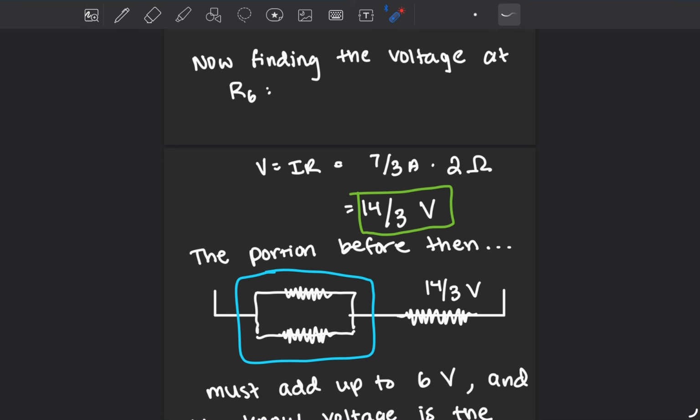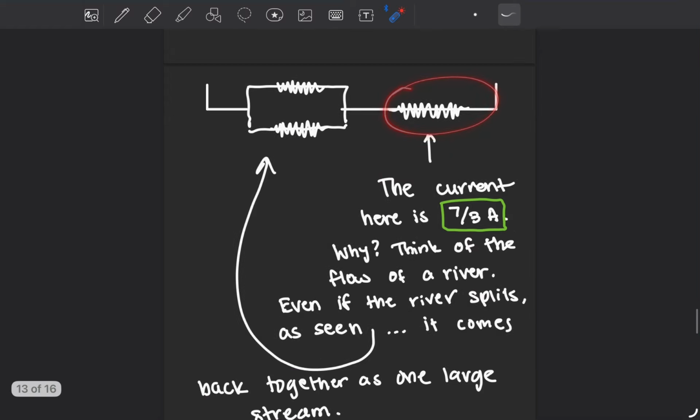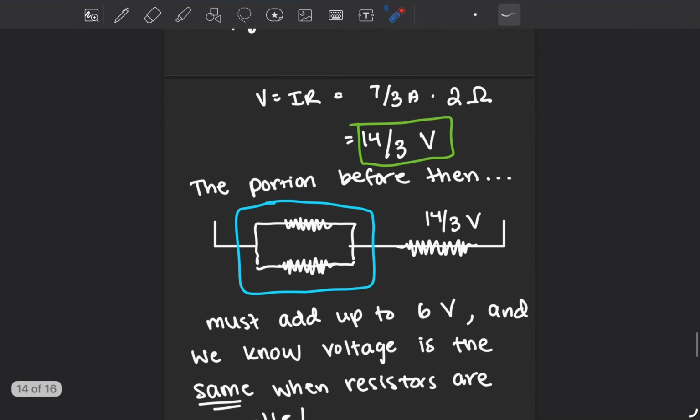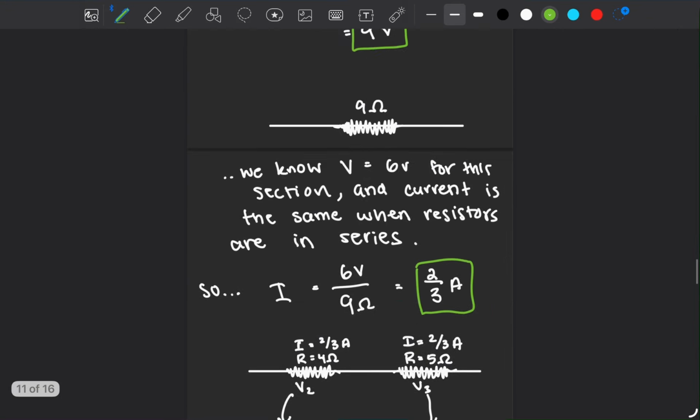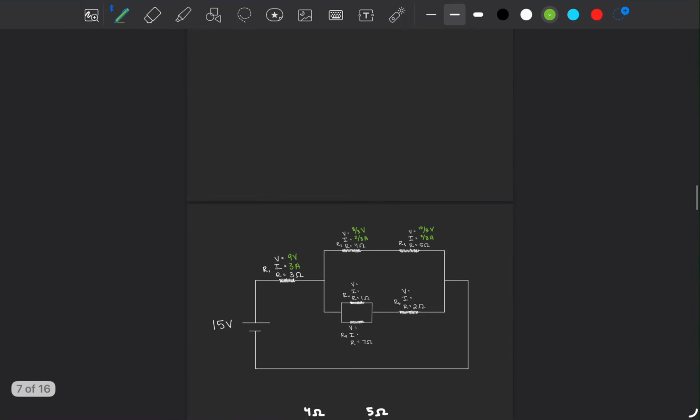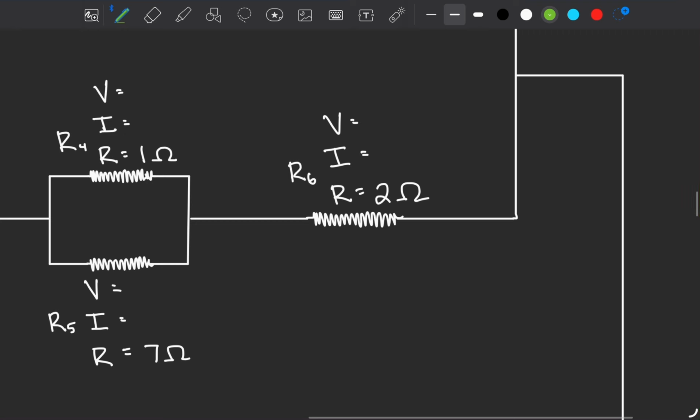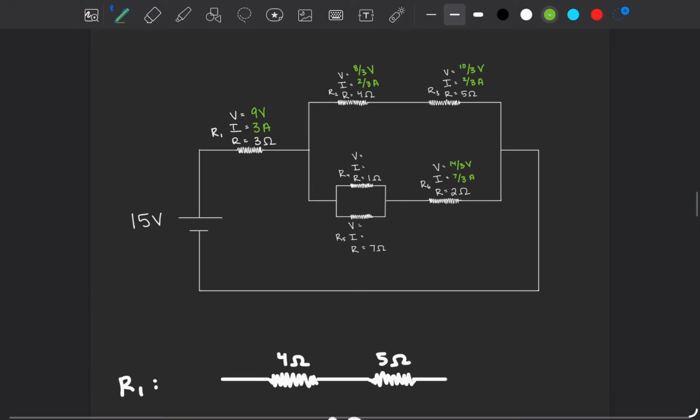And so if we know that the current there is 7/3 amps, we can use that times the resistance to figure out the voltage drop from this resistor. And we get 14/3 volts. So we go back up. We've solved for that one.